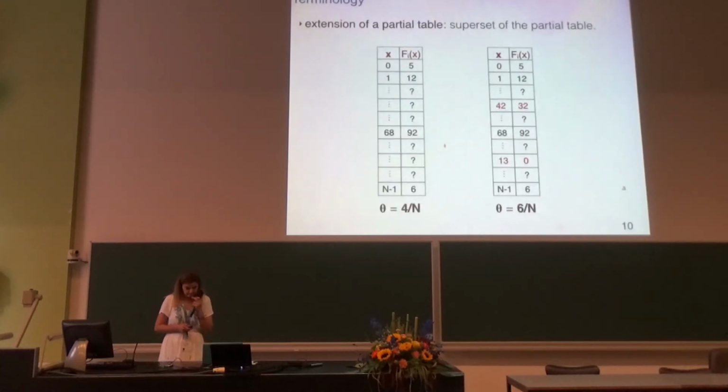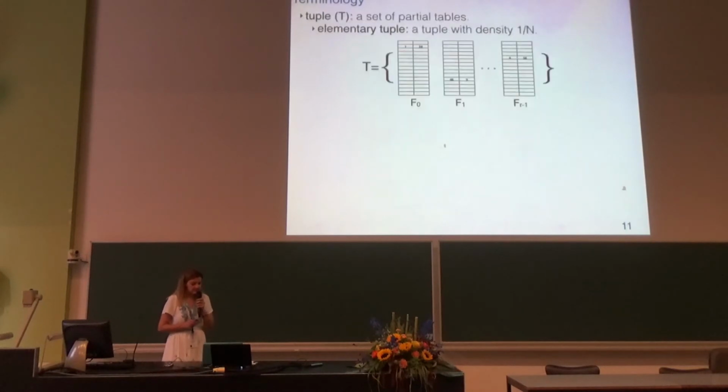The next notation is the extension of a partial table. We already have a partial table with some given density, and the extension is basically introducing new mappings of some inputs to outputs, and this makes the density bigger than the previous table that I'm extending. We also have a notion of tuple.